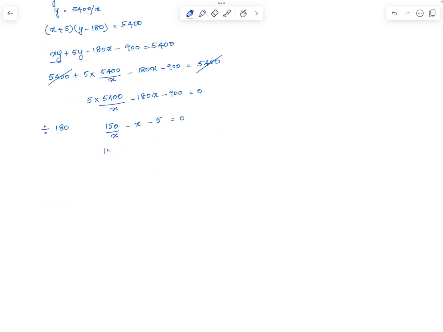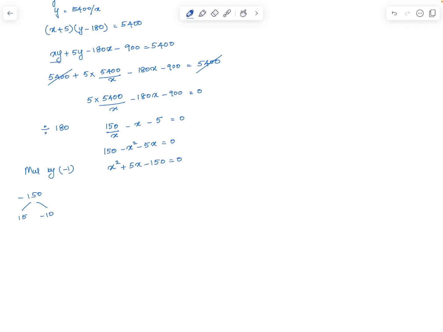Taking the LCM, we get 150 minus x square minus 5x equal to 0. Multiplying this equation by minus 1, we get x square plus 5x minus 150 equal to 0. For minus 150, let's take the two factors as 15 and minus 10.